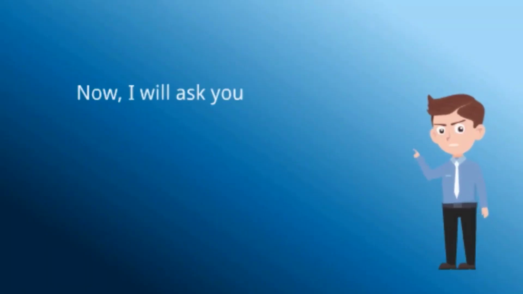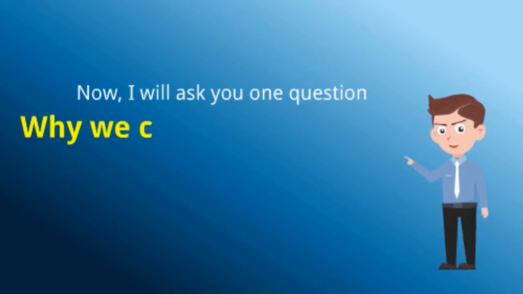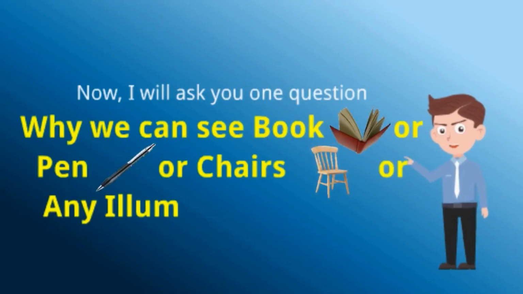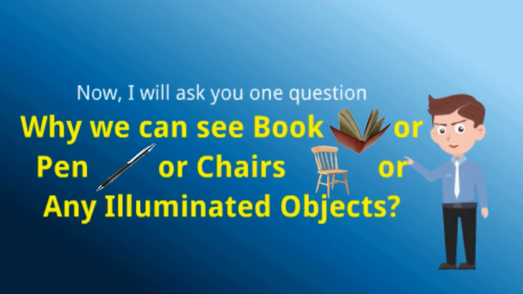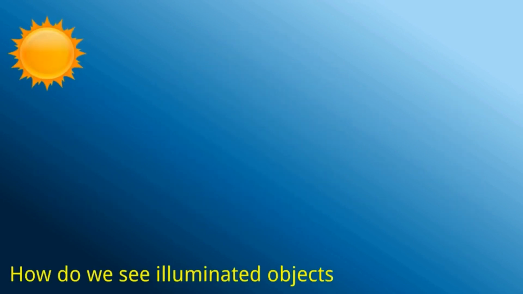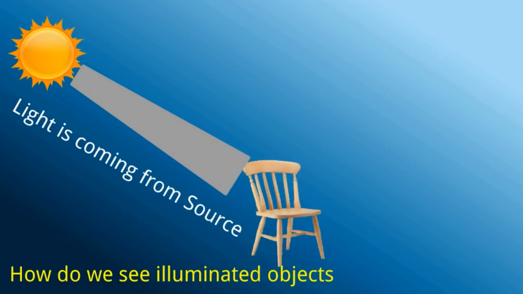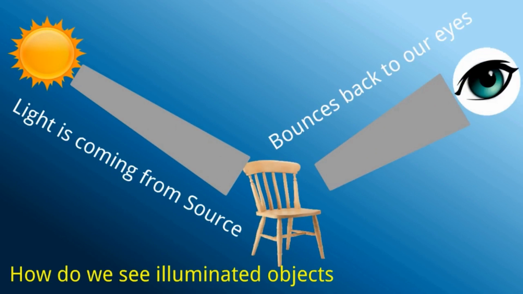Now I will ask you a very simple question. Why can we see a book or pen or chair or any other illuminated objects although they are not producing light? It's very simple. Take an example: the sun is a luminous object, so the sun can produce light. Light is coming from the sun and it is falling on the chair. From the chair, the light bounces back to our eyes and we can see the chair.